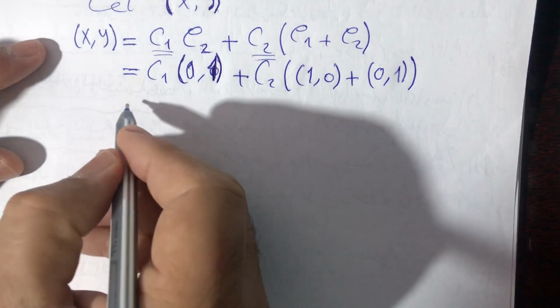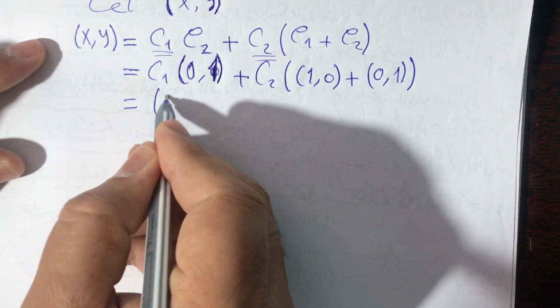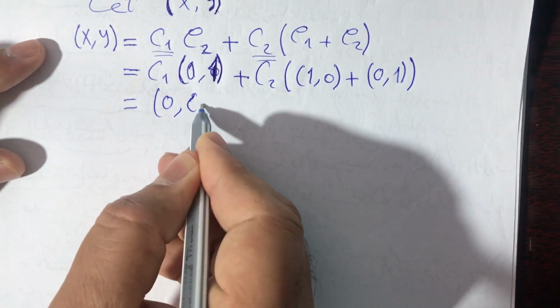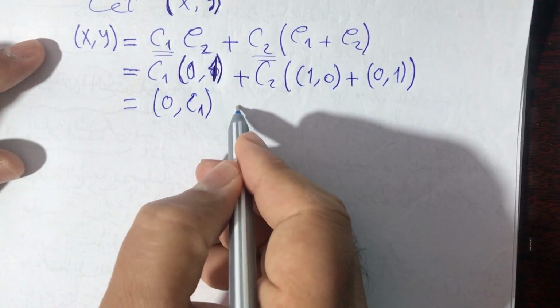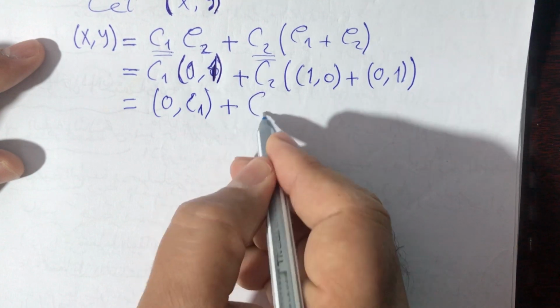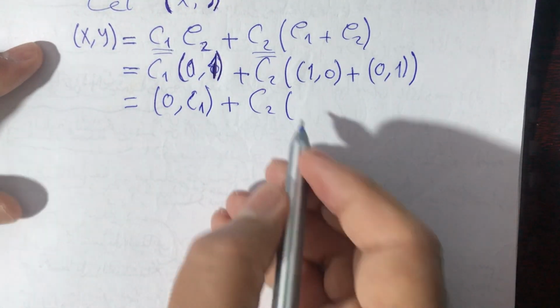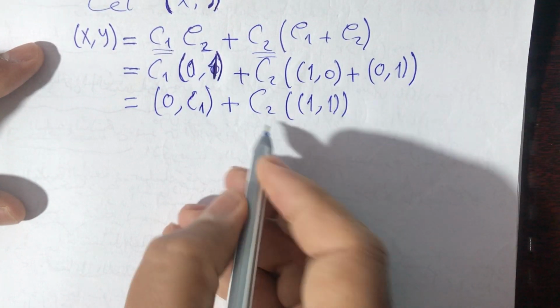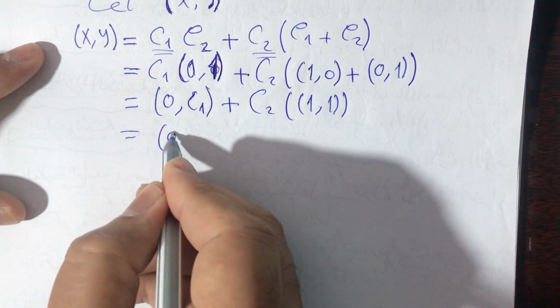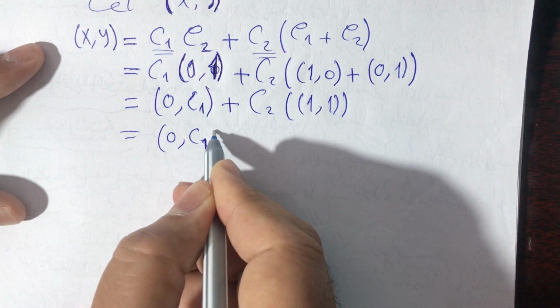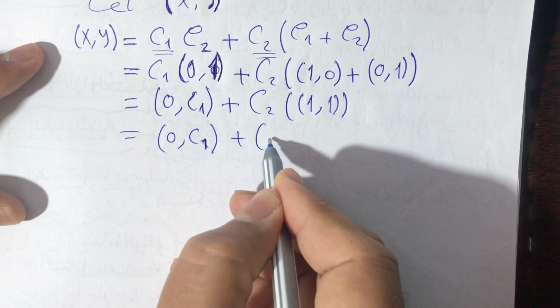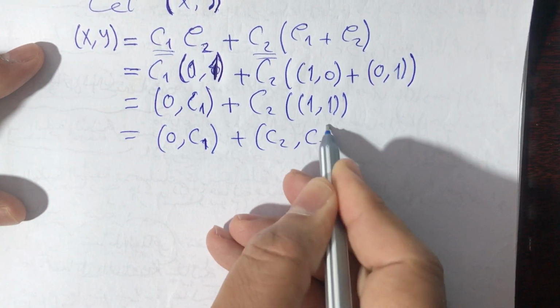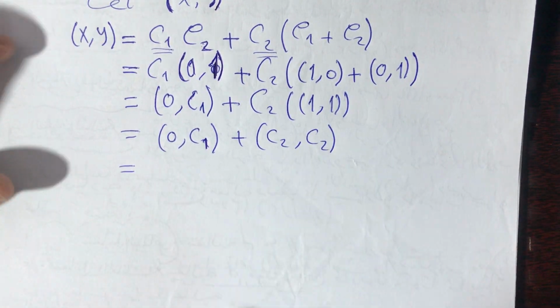And here this will be equal, move here, (0, C1), and plus sum this first sum, this will be (1, 1), and move C2 here, this will be (0, C1) plus (C2, C2), and now you can sum.